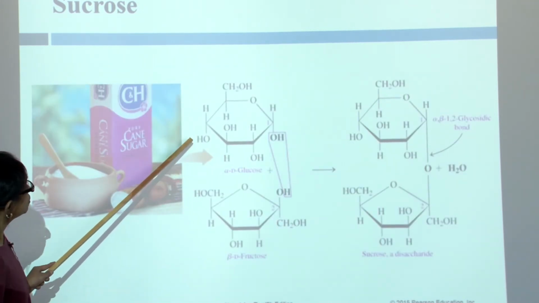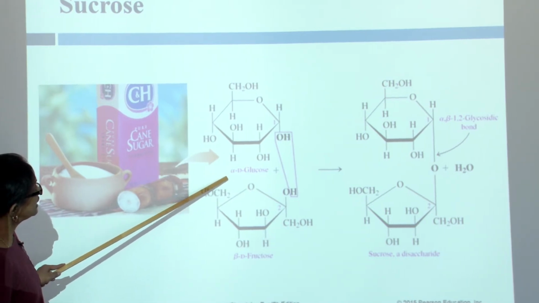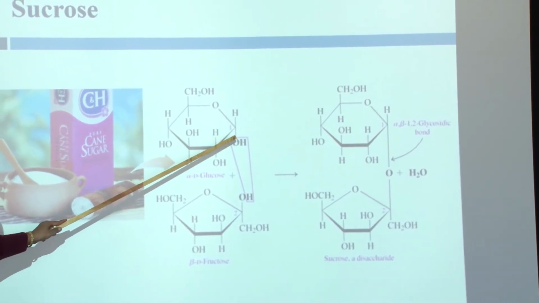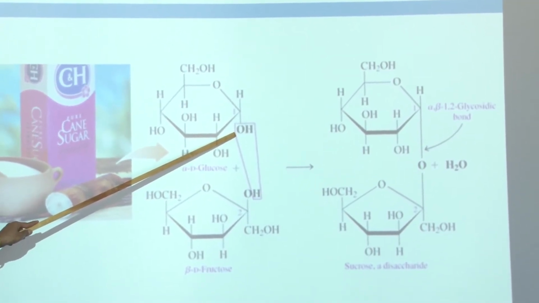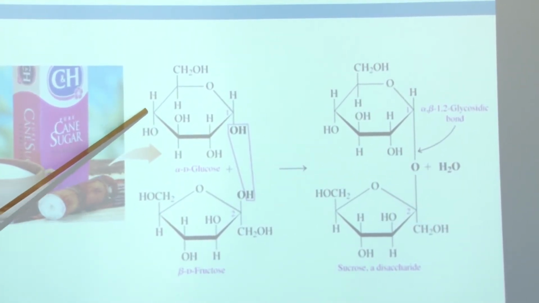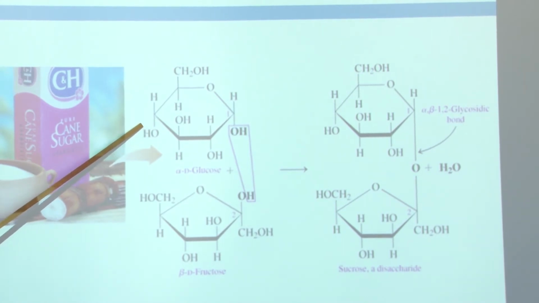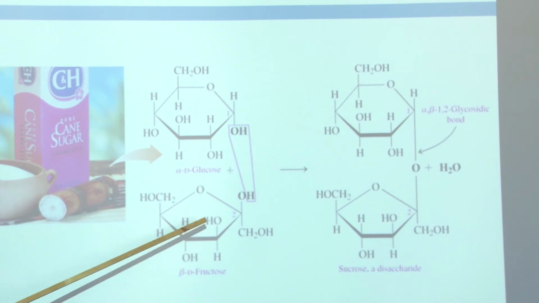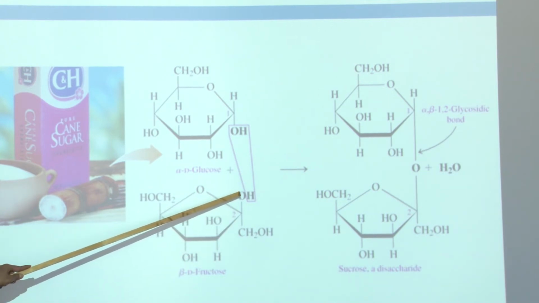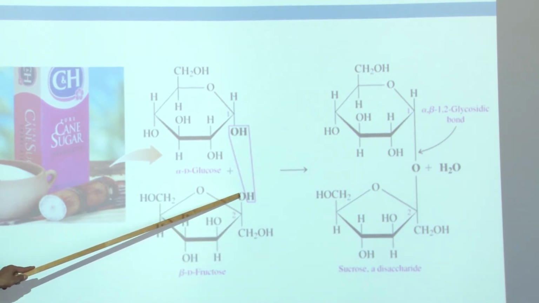There you go. So this is alpha D glucose, alpha hydroxyl below the ring, D the hydroxyl group to the right. Now here is beta D fructose, hydroxyl group above the ring.